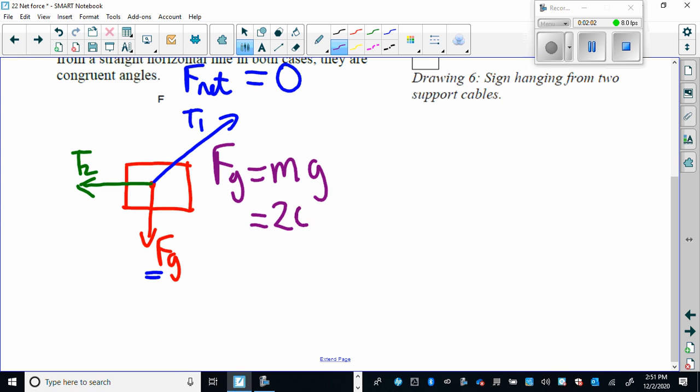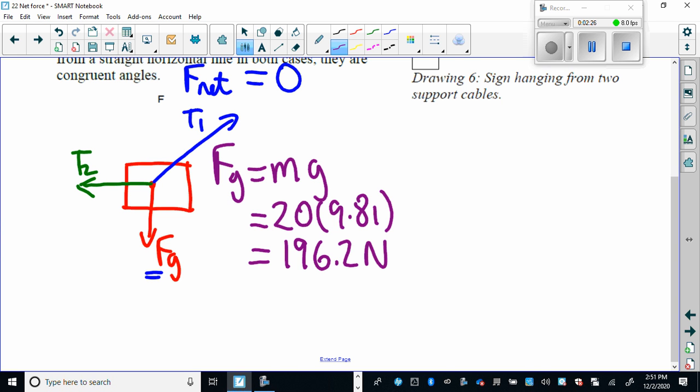The mass of the sign is 20 kilograms. The acceleration due to gravity, assuming we're doing this on Earth, is 9.81. So we multiply that together and we get 196.2 newtons. So that is the force of gravity on the sign. It is also the weight of the sign. So that sign weighs 196.2 newtons.